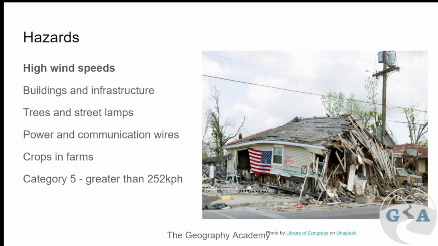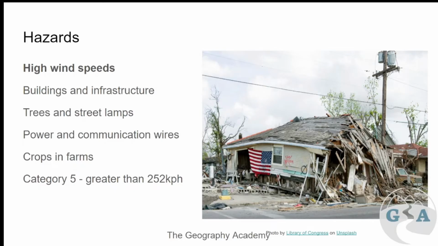Now, the second part we want to look at is the impacts of these hazards. We've looked at the physical formation, the distribution, and some of the scale. So let's look at the three main hazards that we associate with tropical cyclones. We have high wind speeds, which are going to destroy infrastructure, lots of power lines, parts of buildings, signposts, lamps. All of these things are very prone to blow over in the wind.